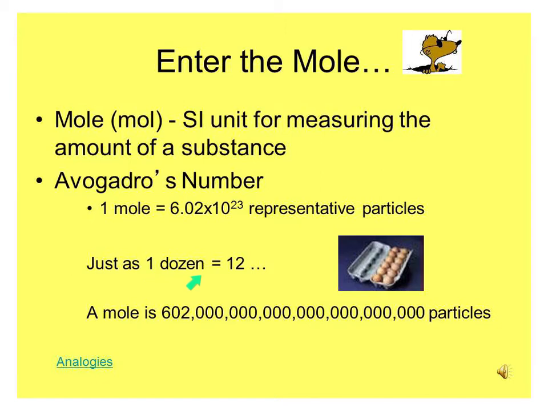Just as we have 1 dozen equals 12 units, or a baker's dozen has 13 units, or a gross has 12 dozen, a mole will always contain 6.023 times 10 to the 23rd representative particles.